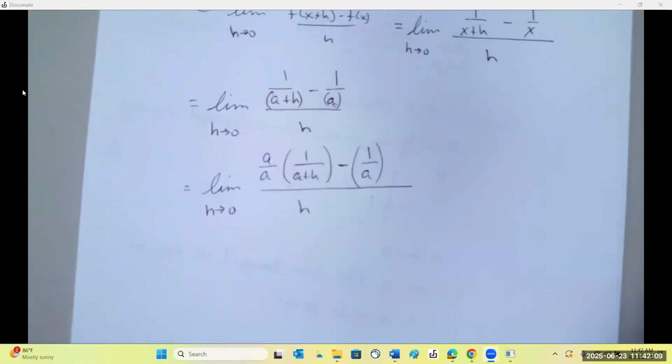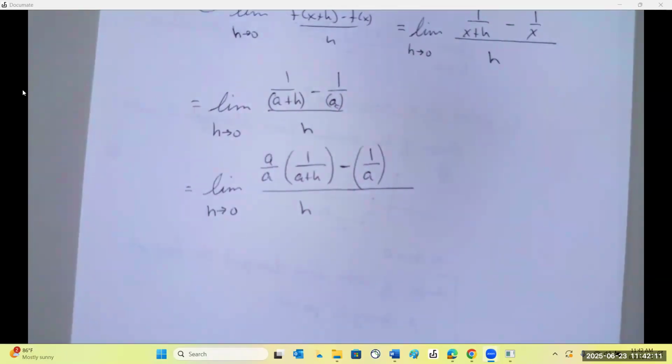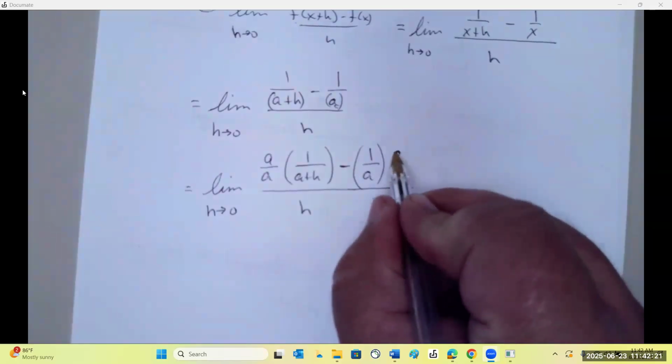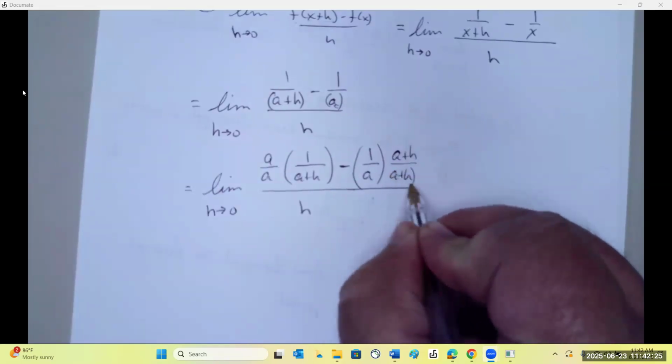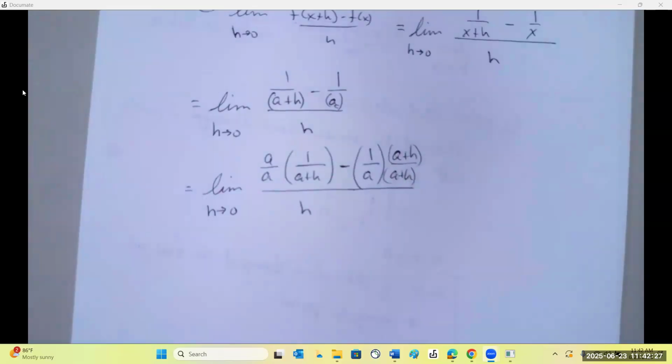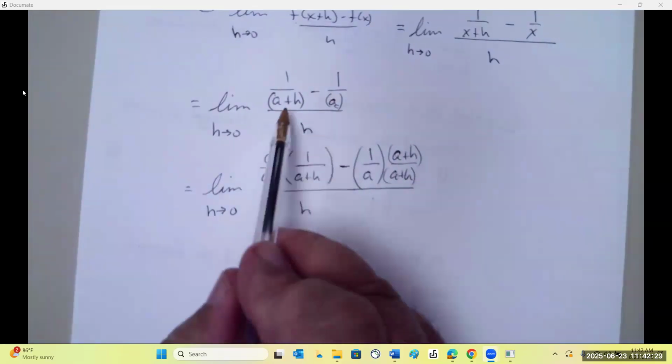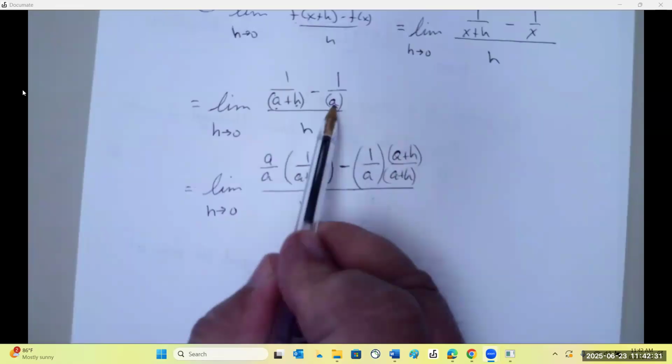What does the right side need? A plus h. Be very careful: a plus h and a are not the same.